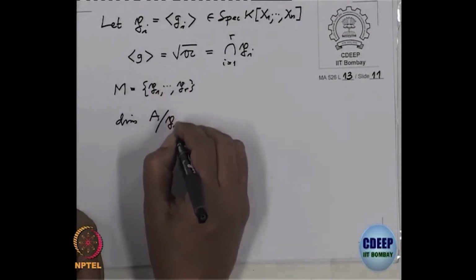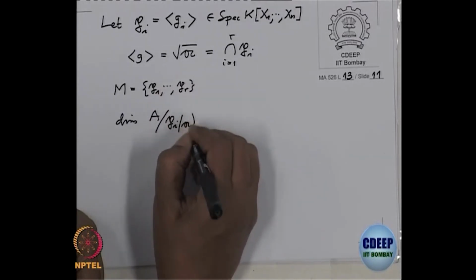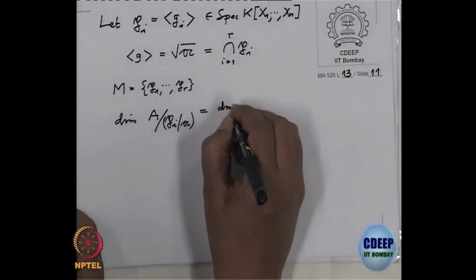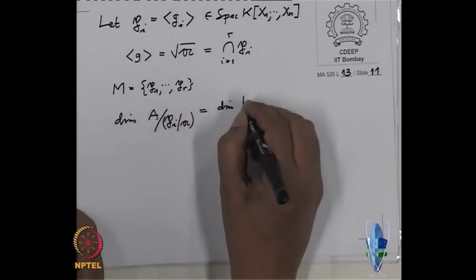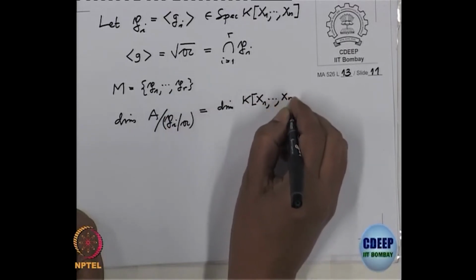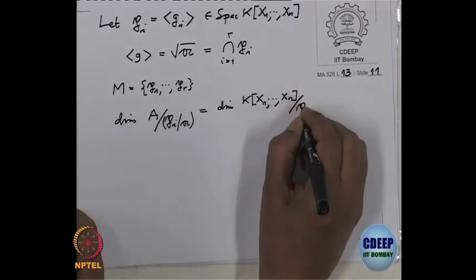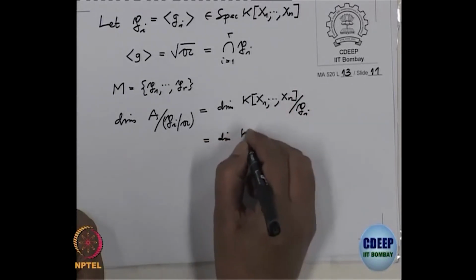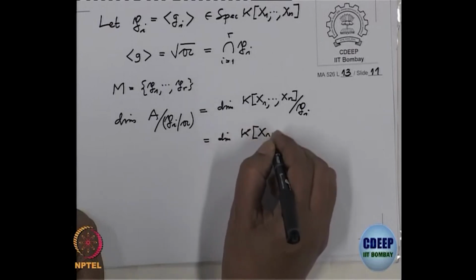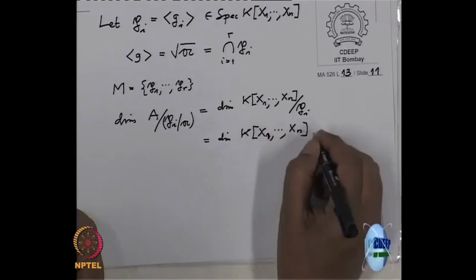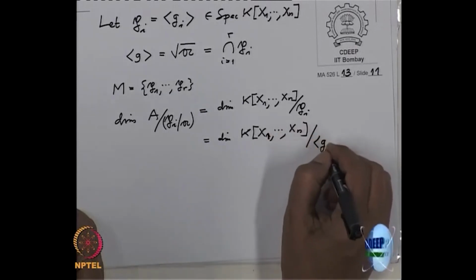Strictly speaking, I should write Pi mod A; this ring is precisely k[x1, ..., xn] modulo Pi, which is the same as k[x1, ..., xn] modulo the ideal generated by the prime element Gi.